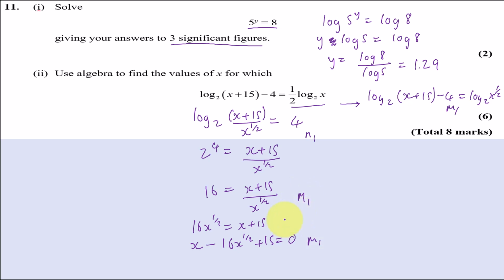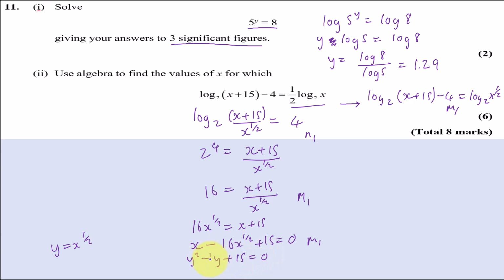Now, what would I do from here? You can use your y equals x to the half here if you want. So this becomes y squared minus 16y plus 15 equals 0.